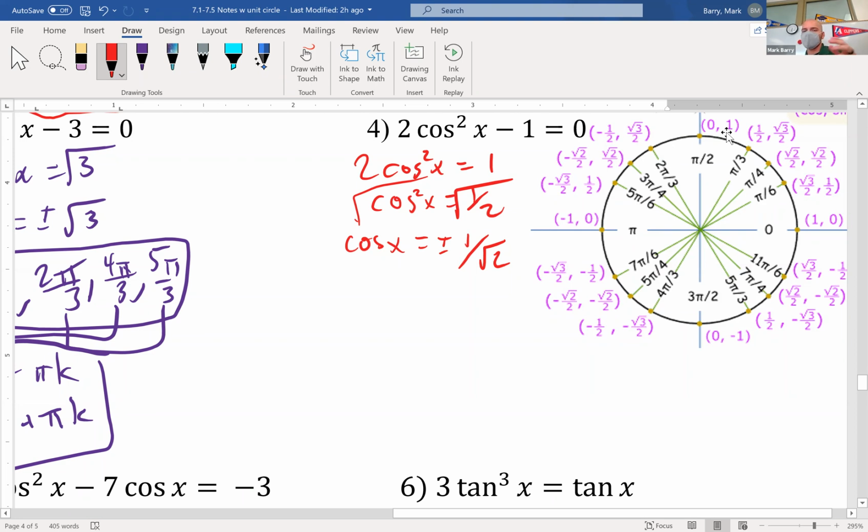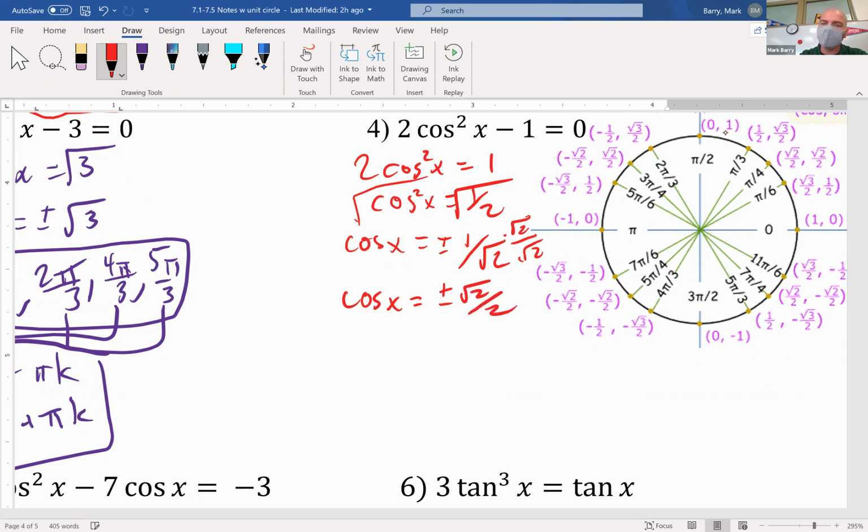I know I haven't really stressed rationalizing the denominator in this class, but in this case, you kind of have to. So I'm going to multiply the top and the bottom by rad 2. So what I'm really looking for here is cosine of x equals plus or minus rad 2 over 2, which we are going to be able to find on the unit circle.